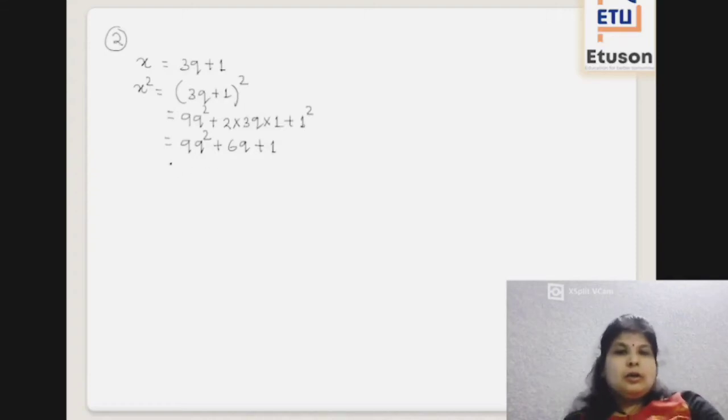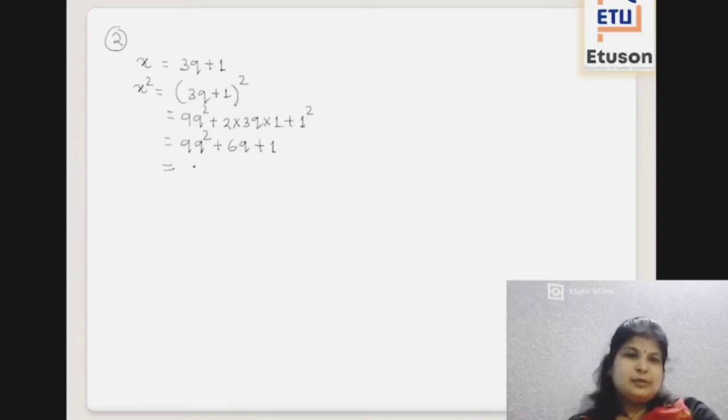Now what can I take common here? Can I take anything common from these two terms? Yes. What is that? Anyone can comment? It is 3. So 3 into 3q square plus 2q, plus 1.